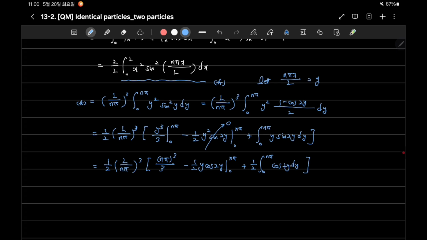If we integrate cosine 2y, it is sine 2n pi and sine 0, which is also 0.